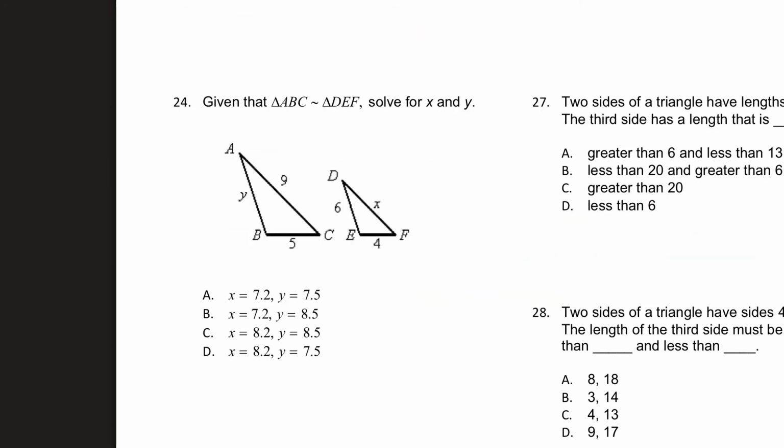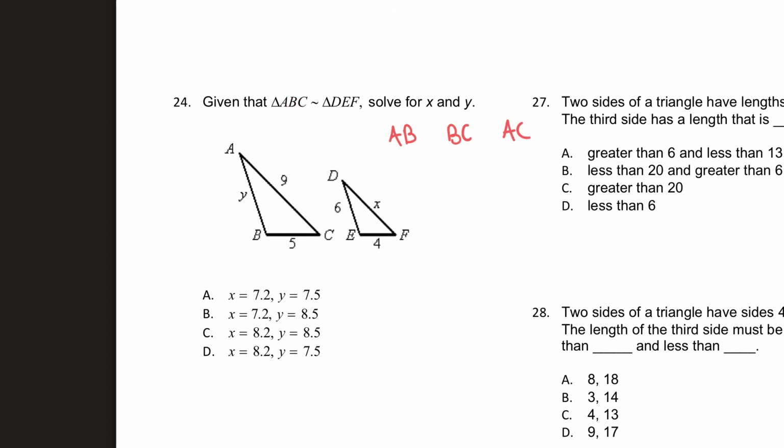Given that triangle ABC is similar to triangle DEF, solve for X and Y. Okay, ABC, DEF, solve for X and Y. You got it. By giving us the similarity statement, we can make a proportionality statement out of that. I will say AB, BC, and AC, and I just got that from reading this.